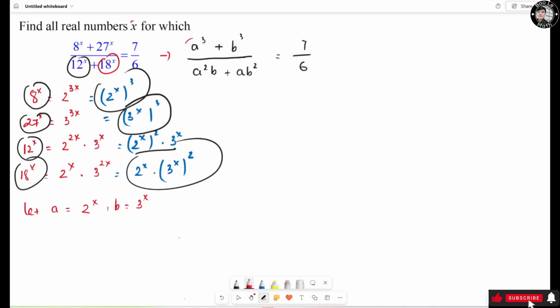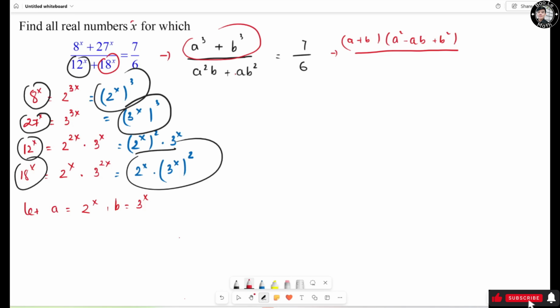Now we're going to factor the numerator. This is the sum of two cubes: it's going to be (a plus b) times (a squared minus ab plus b squared).